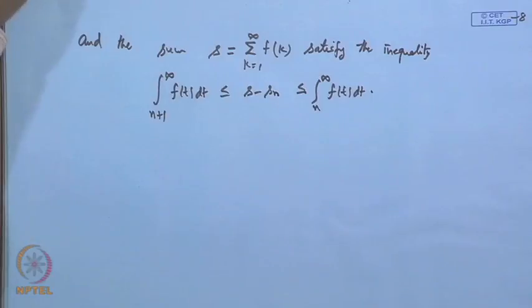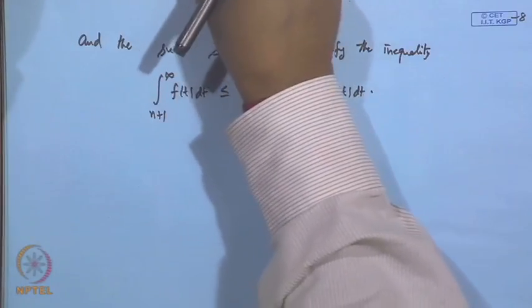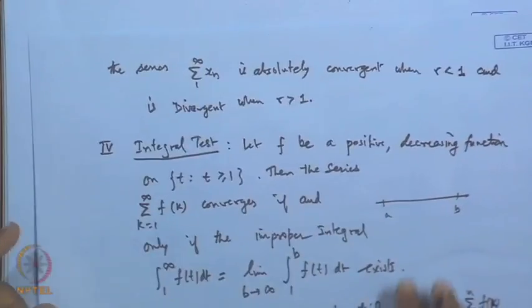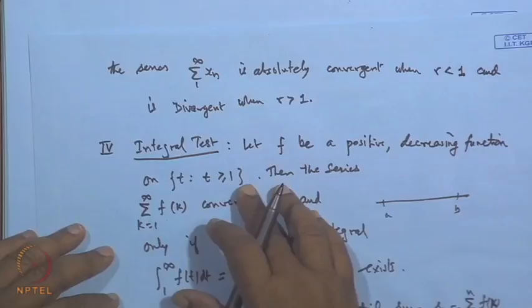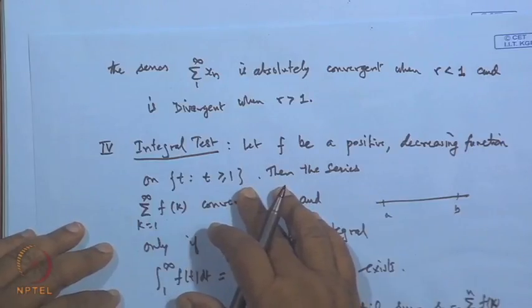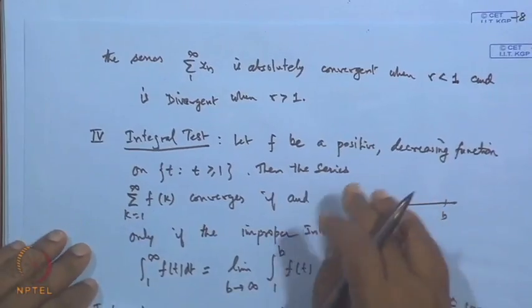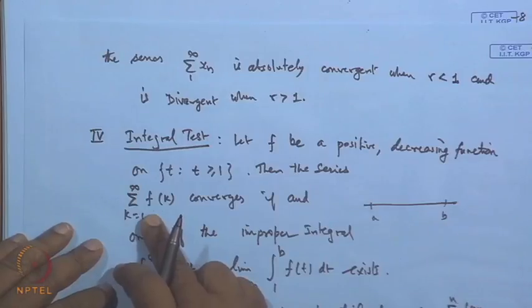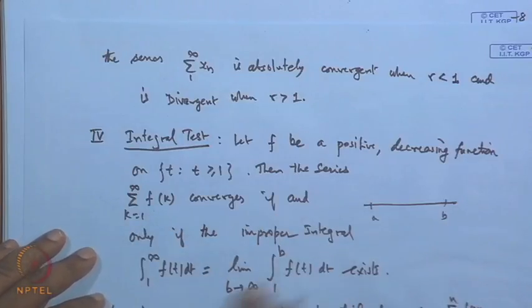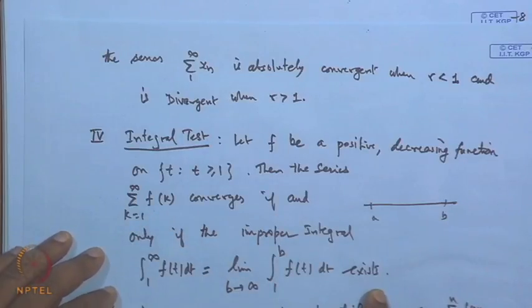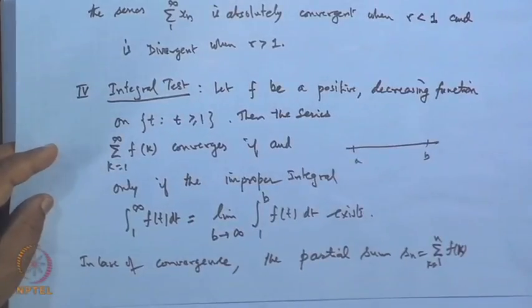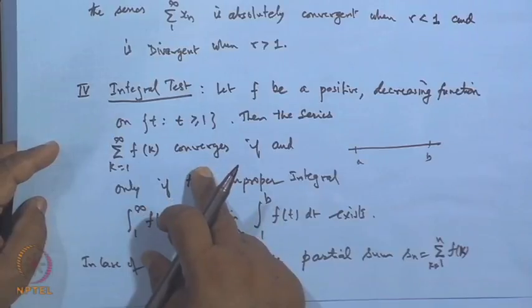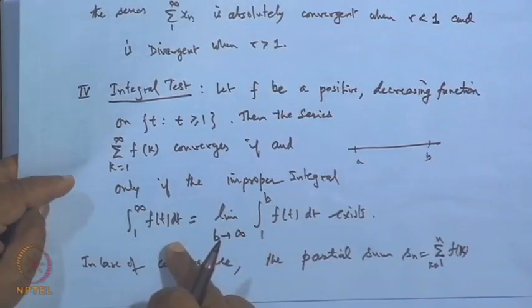What this result says is that if f is a positive decreasing function on the set t, where t is greater than or equal to 1, the series sigma f(k) converges if and only if the corresponding improper integral exists. So basically the integral test connects the convergence of an infinite series with the improper integral.